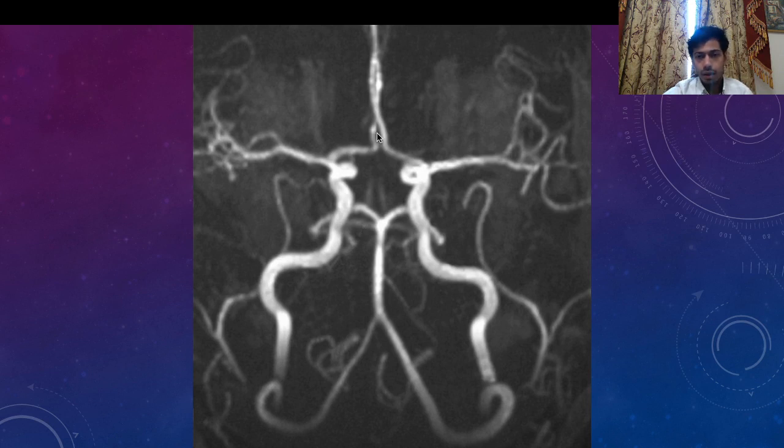And the reason why the circle of Willis is so important is because it's a complete collateral supply, as you can see.